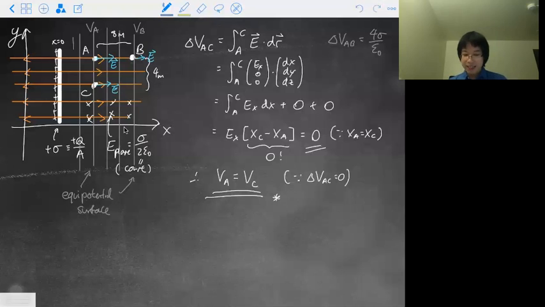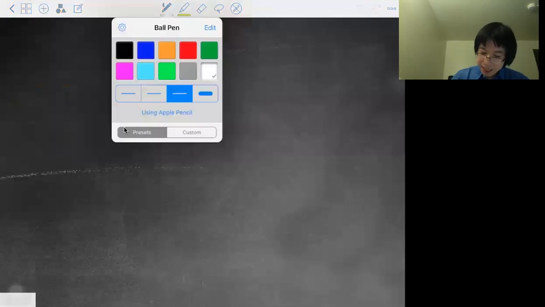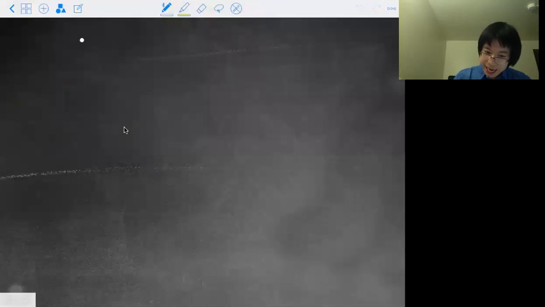Okay, it's getting a little bit cluttered. Let me redraw this to make it clear. So this is a charge, and these will be the equipotential surfaces. The white one is the source. It's a plate of positive charge. So this has some positive surface density, right?